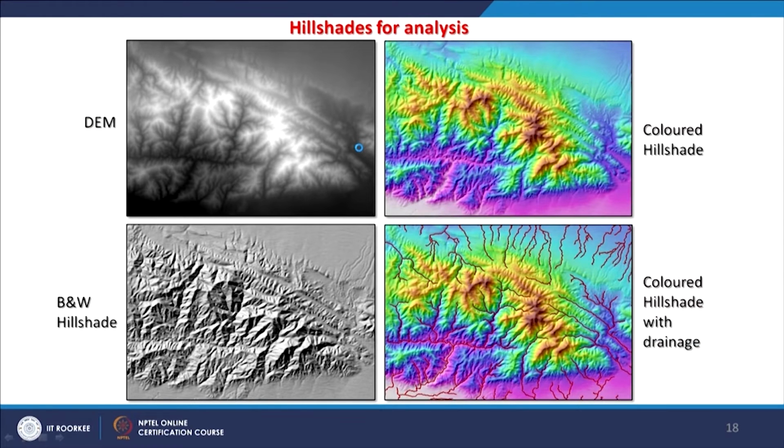Now, as I have been mentioning, by applying some tricks or techniques, you can always create a hillshade even in color, though the original output would be in black and white.